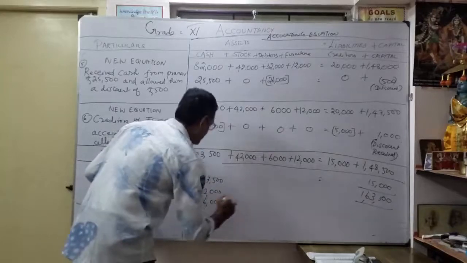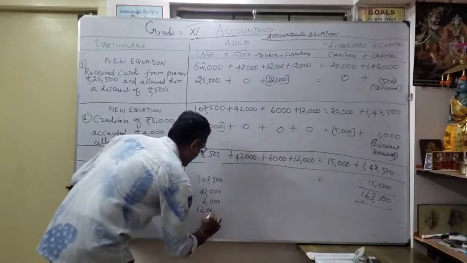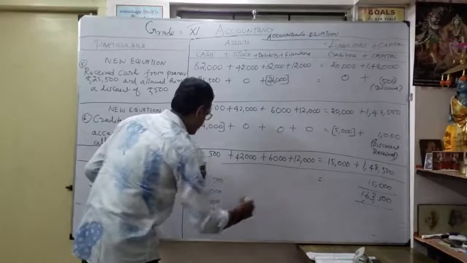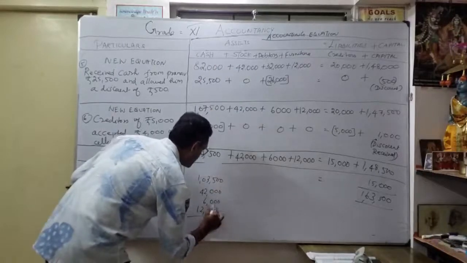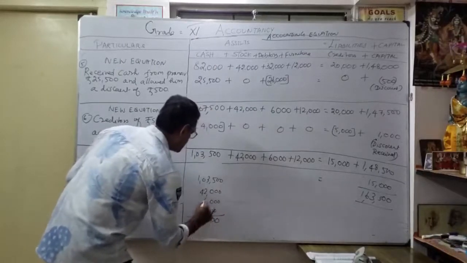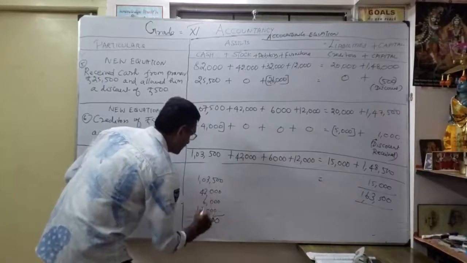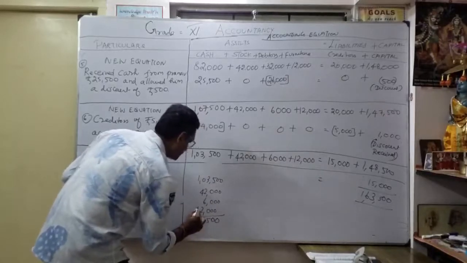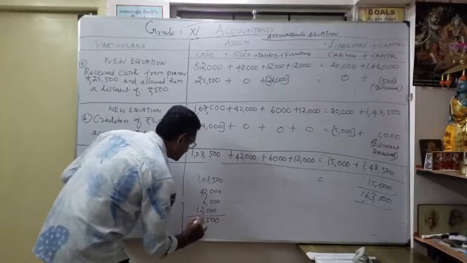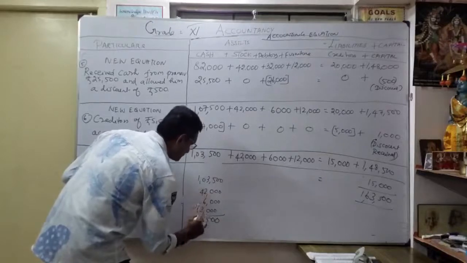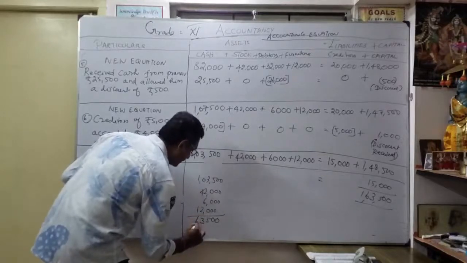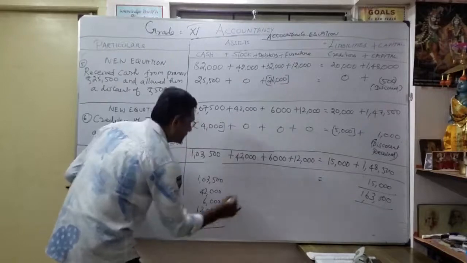Okay. Then my 12,000. Then you add it all, and you get the same amount. 1,63,500.